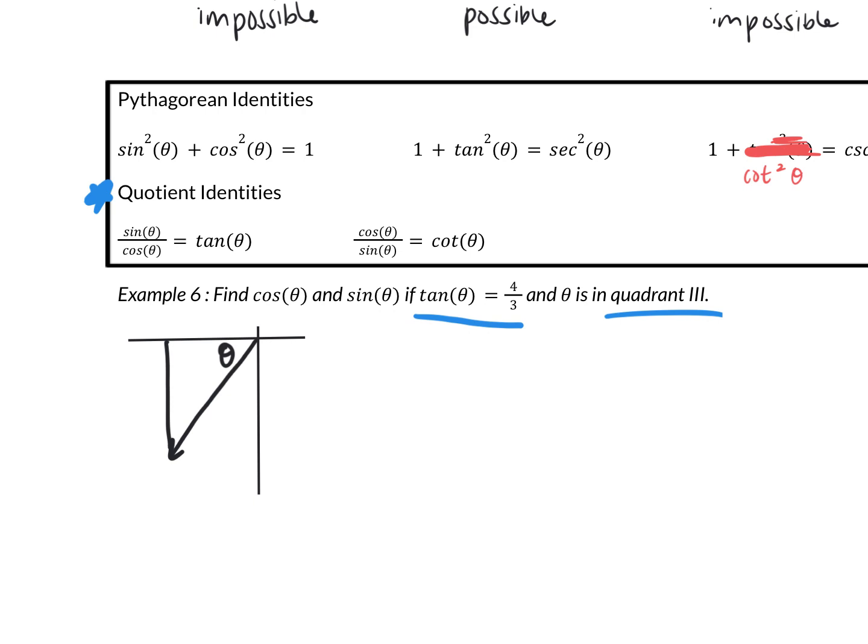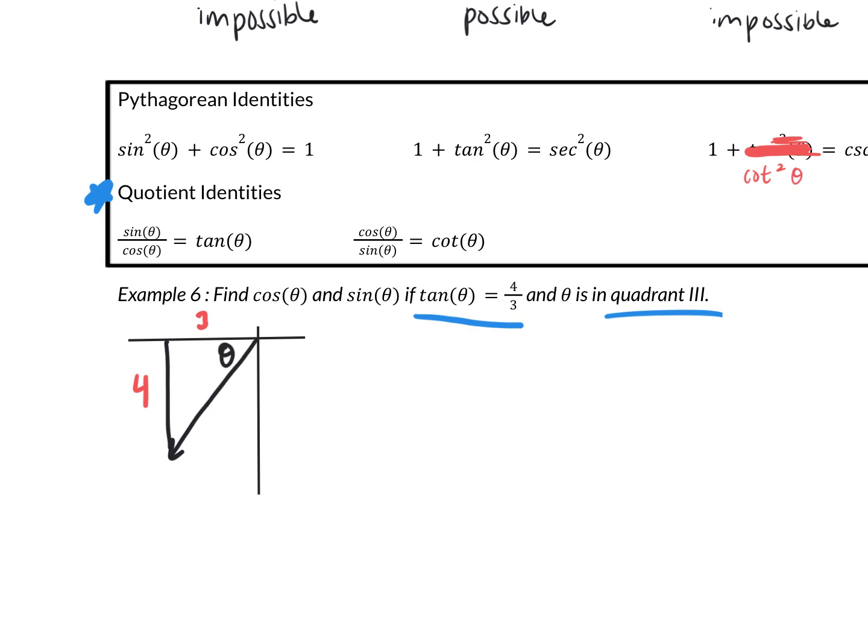So where would 4 be? Is it the short side, the long side, or the hypotenuse? It's opposite over adjacent from that angle. 4 is that long side, right? So this would be 4. And then 3 is my adjacent, so is that going to be my short side or my hypotenuse? My short side, okay?